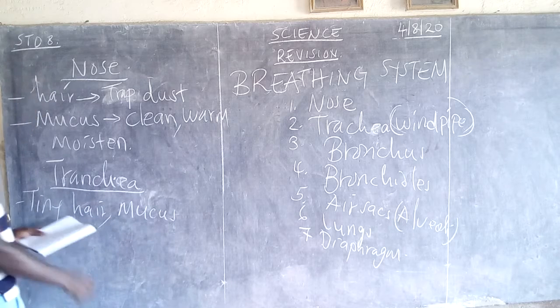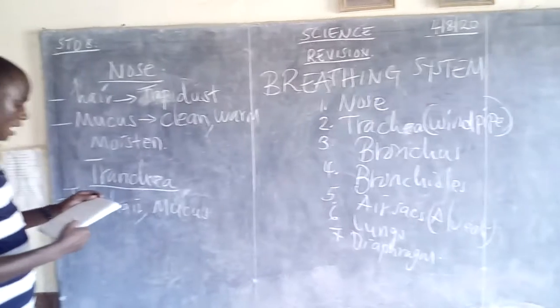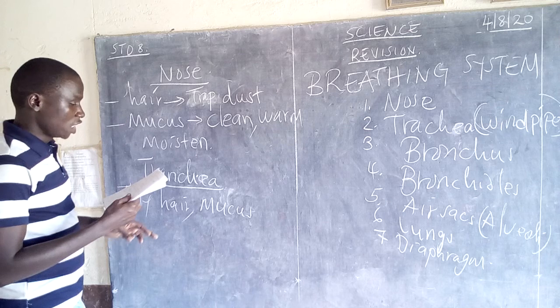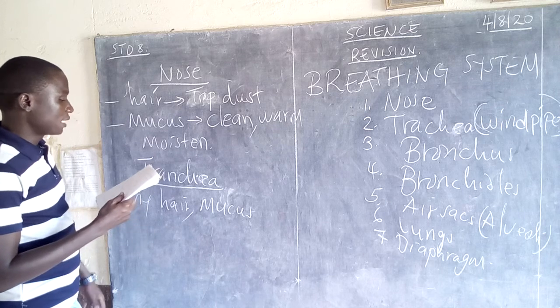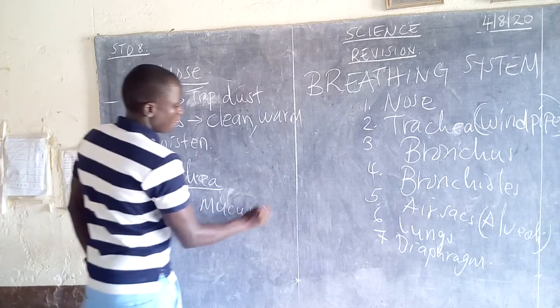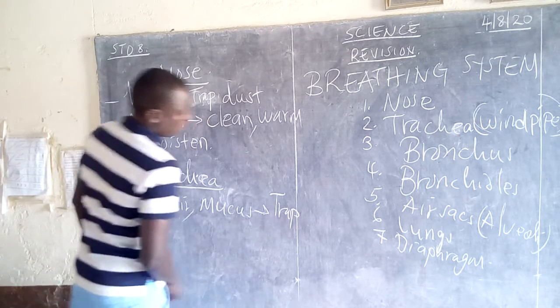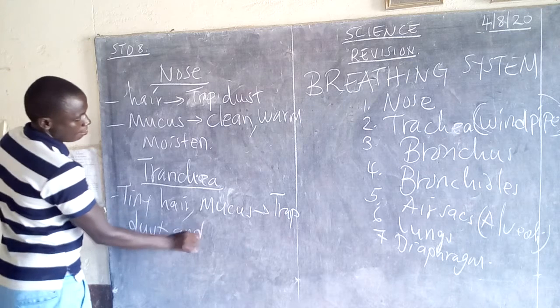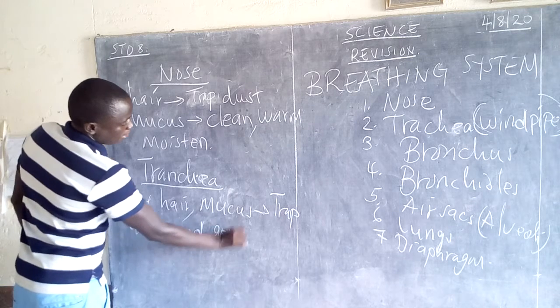What are the functions of tiny hair and mucus found in trachea? The function of tiny hair and mucus is just to trap dust and germs that may be in the air breathed in.